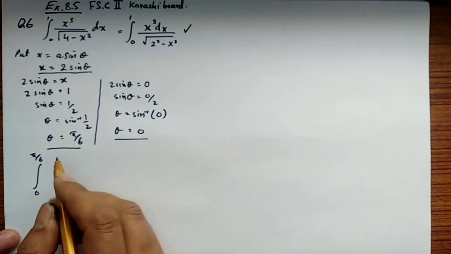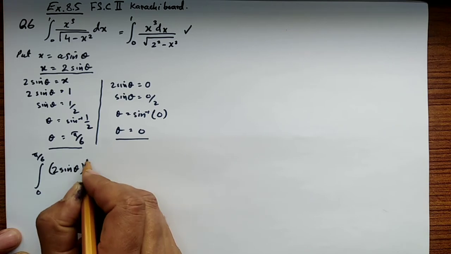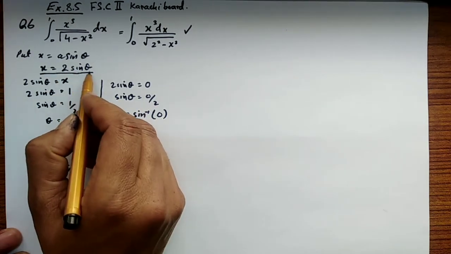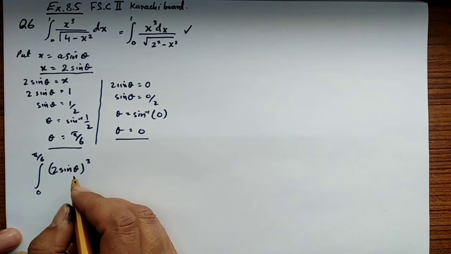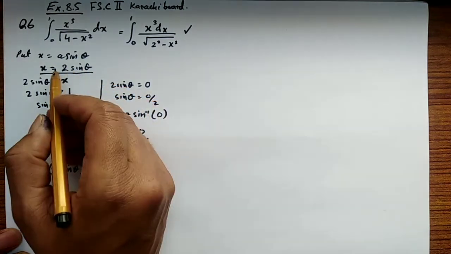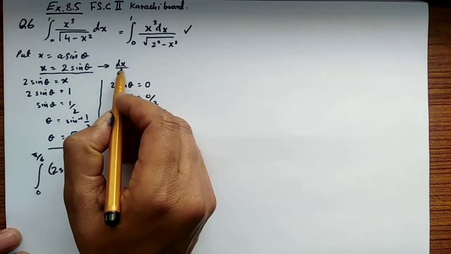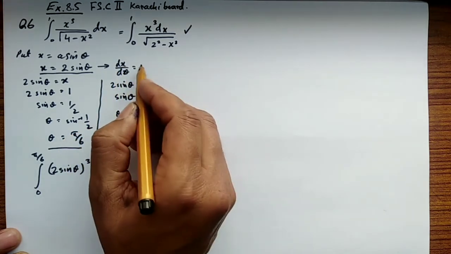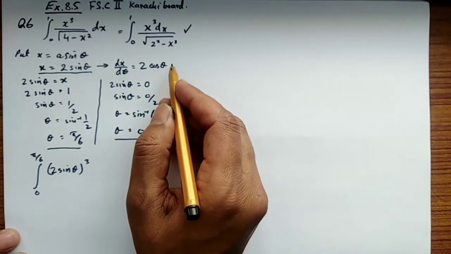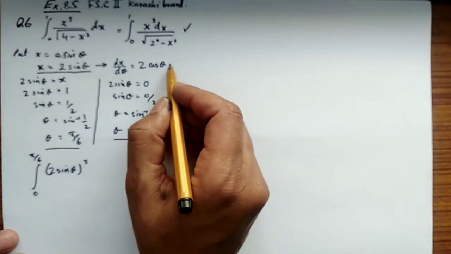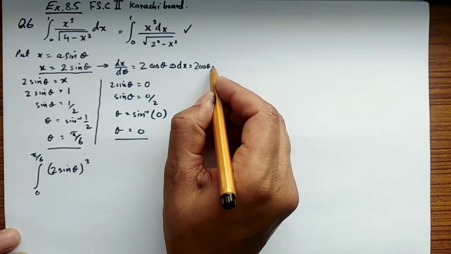In place of x cube I am going to write 2 sine theta cube, that I have supposed, inserting from this part. And one more thing I have to find: the derivative of x, dx upon d theta, that will be 2 cos theta, and this dx will be 2 cos theta d theta.